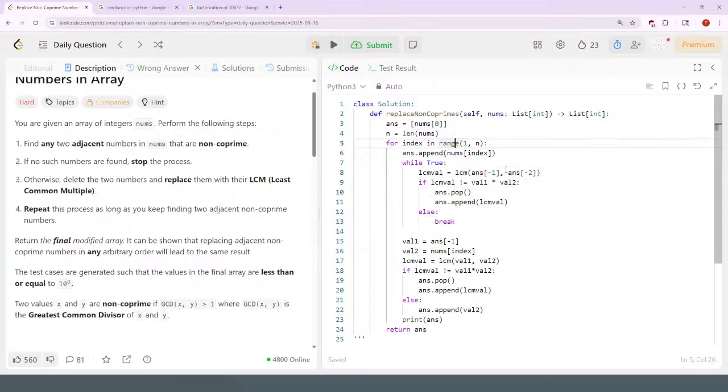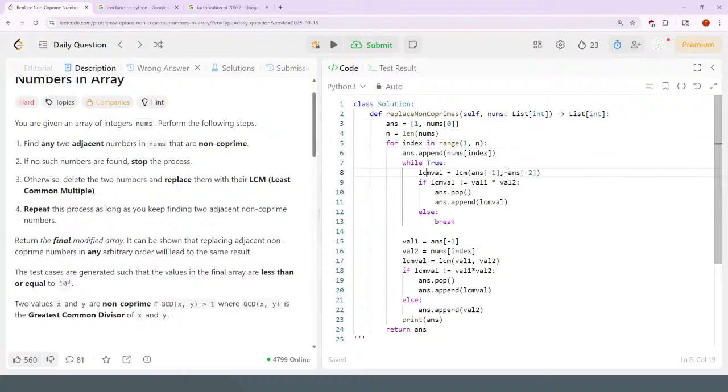The answer needs to remove that dummy value as well.